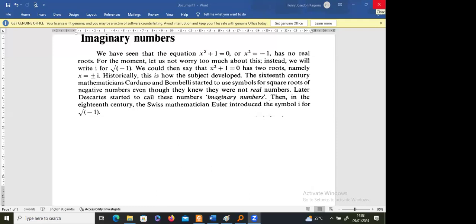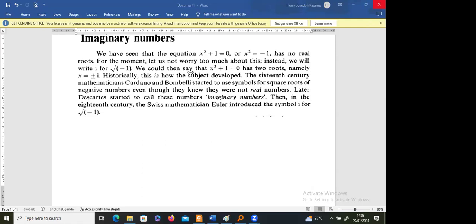But at our age, we shall find out that now we need to continue. Even when we don't know, we need to continue with this mathematics, with the square roots of negative numbers. We shall need them for us to be able to continue with our study.